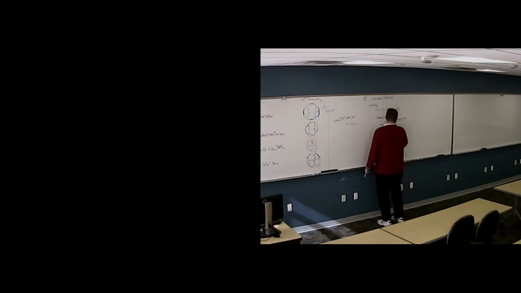And if it's equal to 0, X is called lightlike. Every once in a while I'll use the word null, but basically it's the same idea. And if it's less than 0, X is timelike.